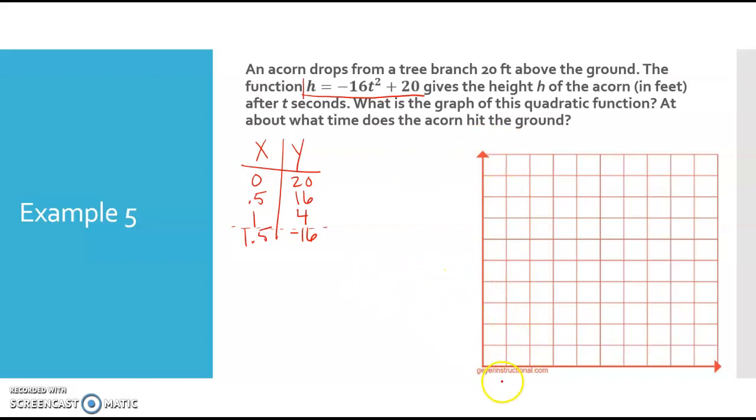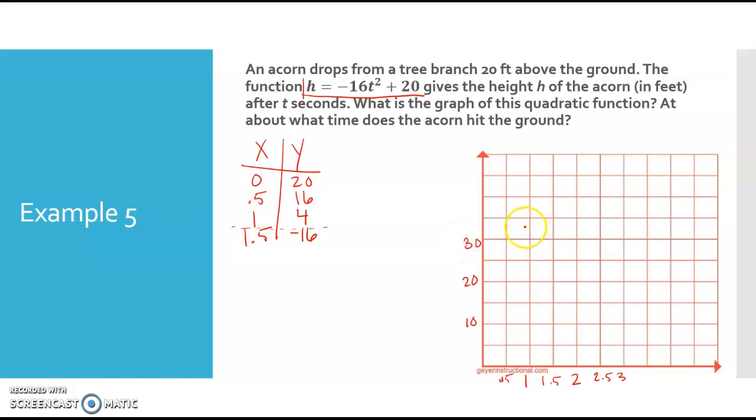Okay, so I'm counting these by half. So this is 0.5, 1, 1.5, 2, 2.5, 3, etc. And then we're going to count these by 5. So every 2 will be 10. And 20, so this would be 30.